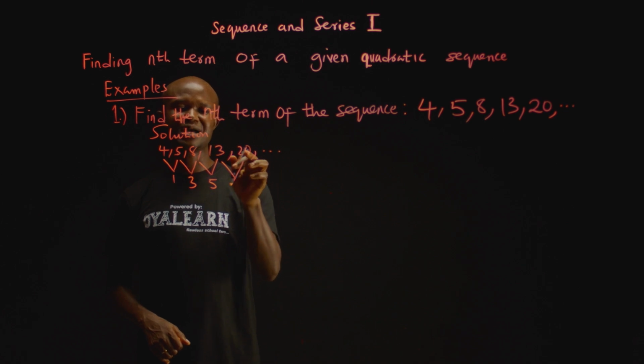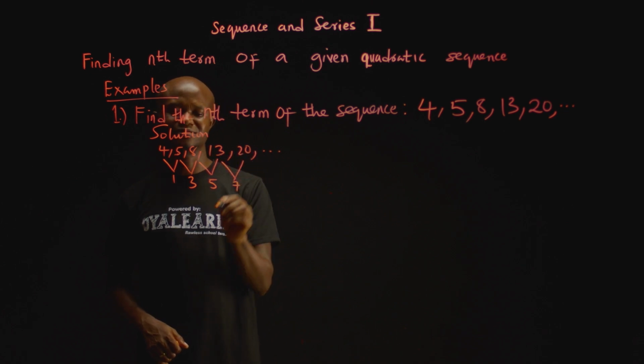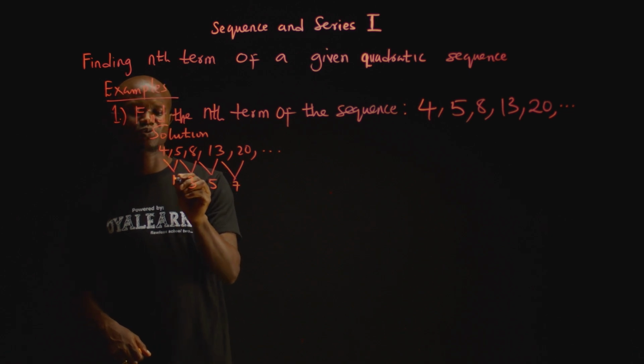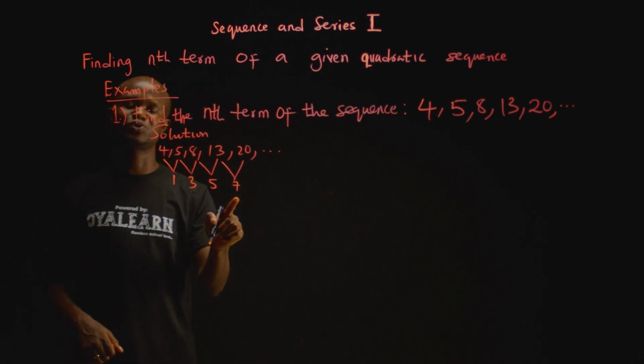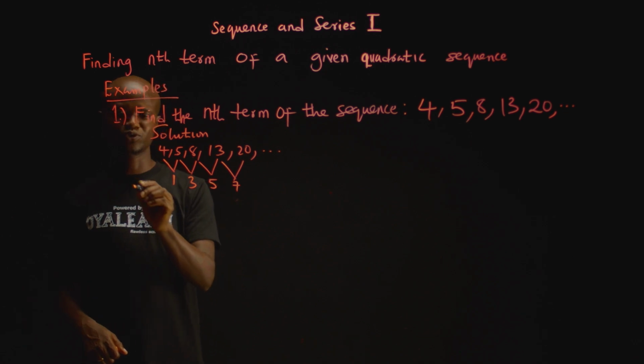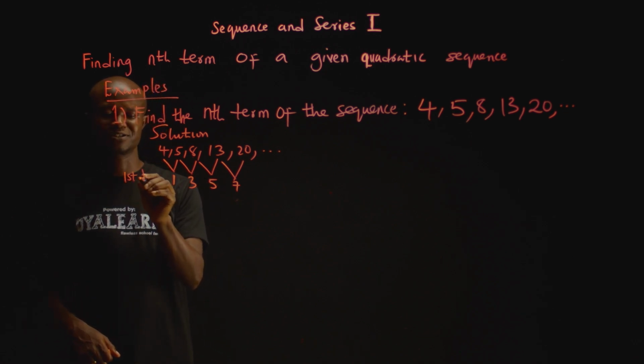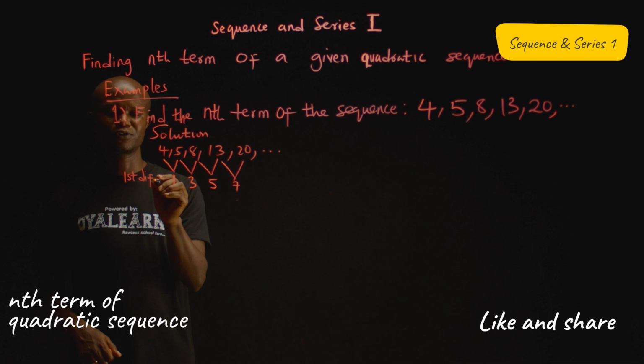And the fifth term minus the fourth term, that is 7. So the differences here are not the same. This is the first difference.